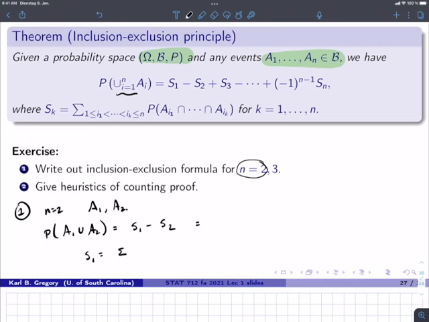My n is 2, so I'm going to put I1 up to 2, probability A I1. Okay, that's how you work this out when n equals 1. So this is going to be just probability of A1 plus probability of A2.